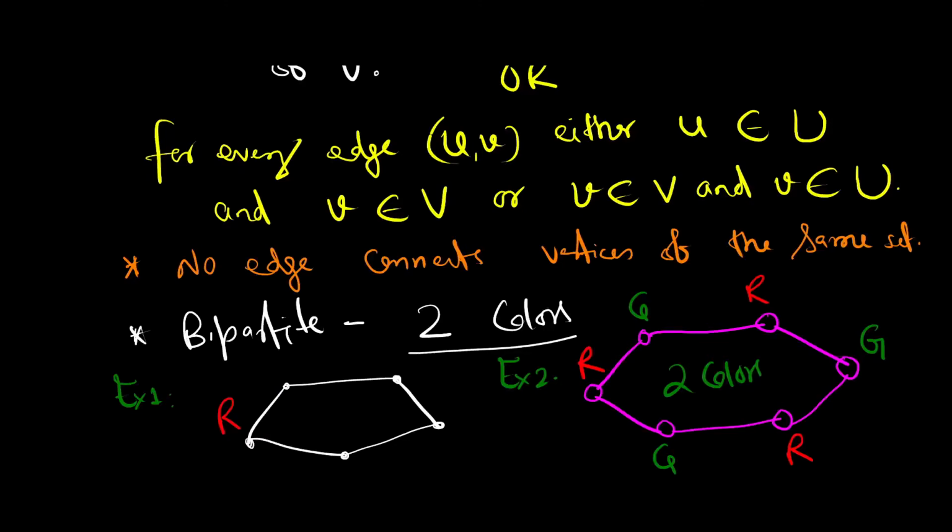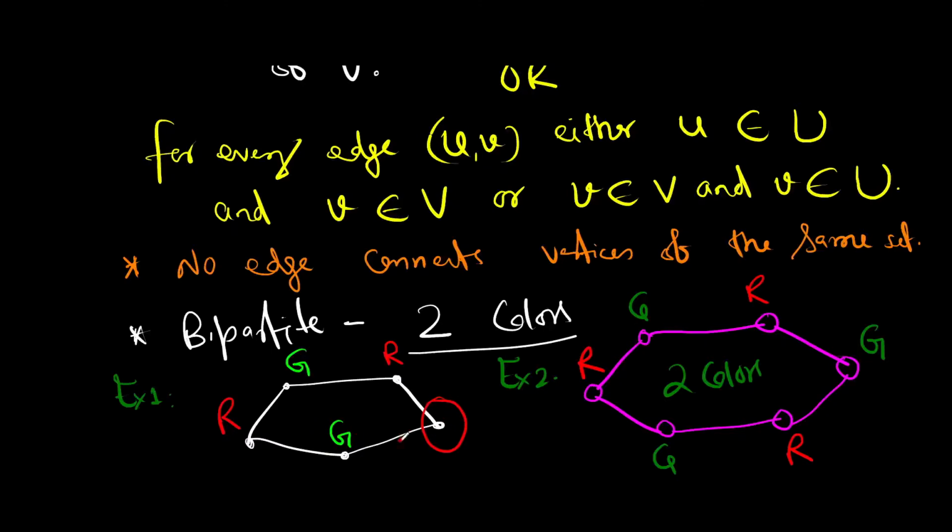So the other two vertices should be green, green and green. Now if this is green, this should be red, right? But now the problem is if this is red, this is also red. And these are two adjacent vertices. Now we cannot make it red, but we cannot make it green either because this is green. So here is a conflict, right?